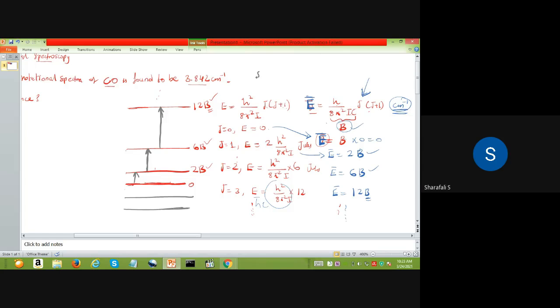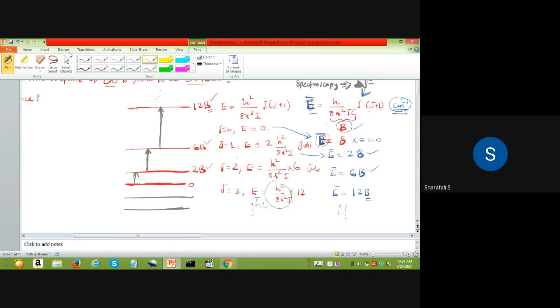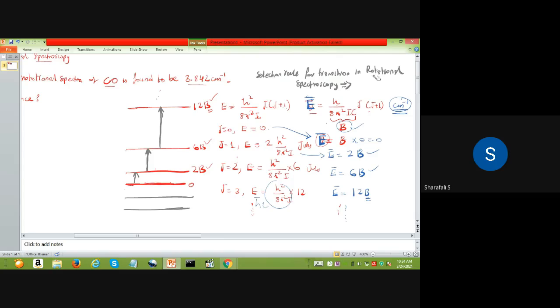The selection rule for transitions in rotational spectroscopy implies delta J is equal to plus or minus 1.